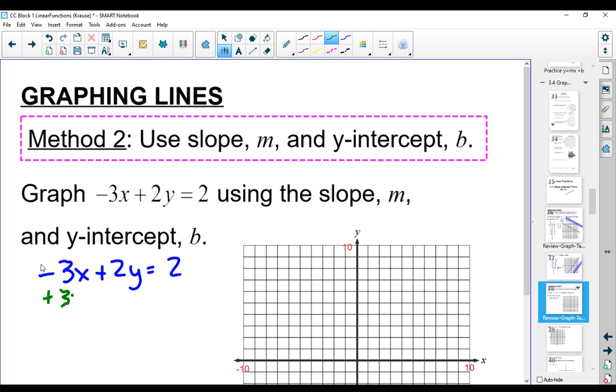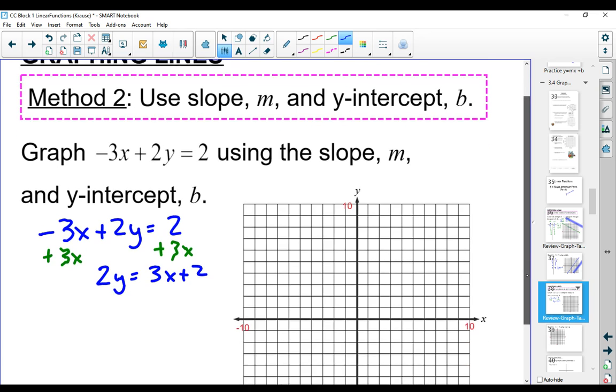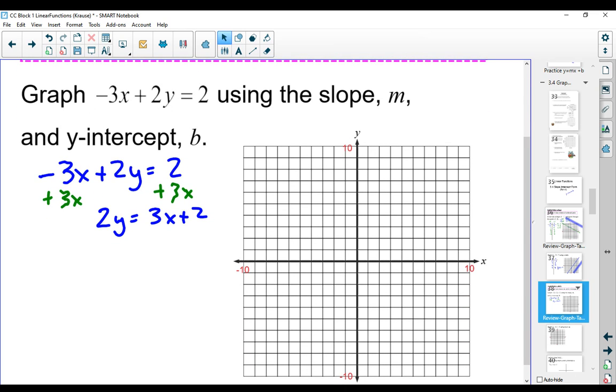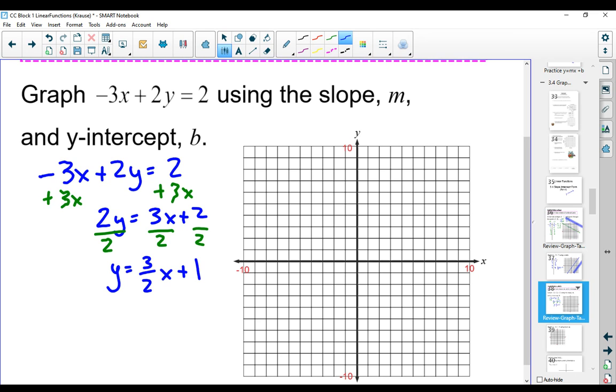So the first thing I'm going to do is add 3x to both sides. So I have 2y equals 3x plus 2. And then I want to get y by itself, so I'm going to divide by 2. And that gives me y equals 3 over 2x plus 1.